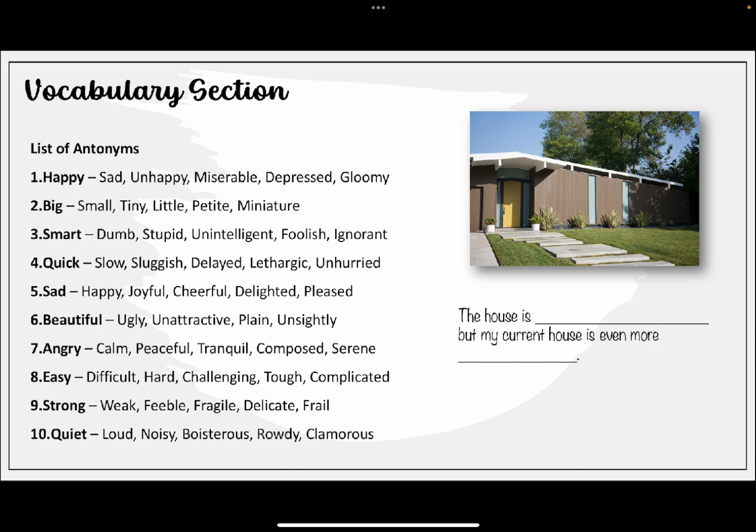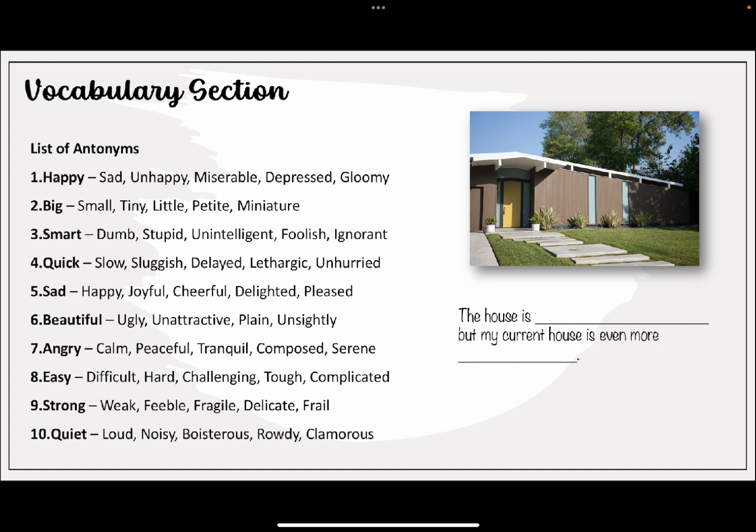Number 9, the word is strong. An antonym for strong is weak, feeble, fragile, delicate, frail. And number 10 is quiet. An antonym for quiet is loud, noisy, boisterous, rowdy, clamorous.